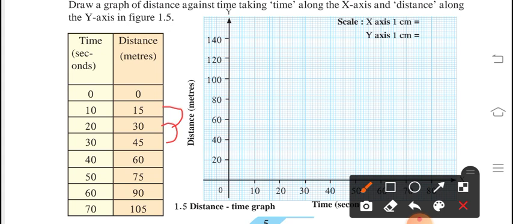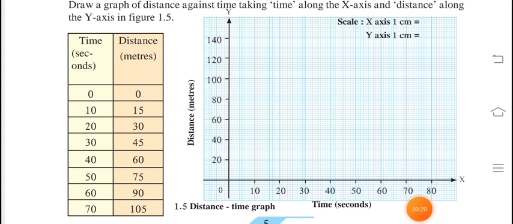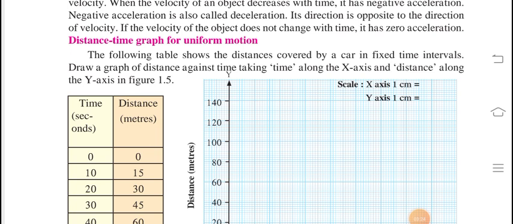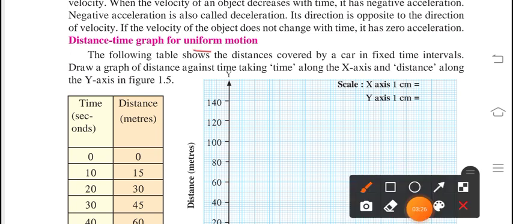Here also the difference of distance is 15 meter, which means there is no variation. A common difference is there in its distance and time. So we can say that it has uniform motion.